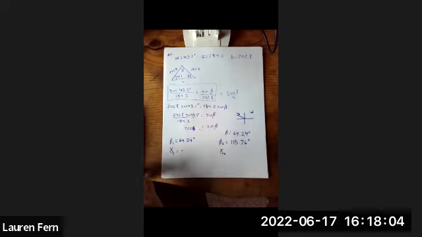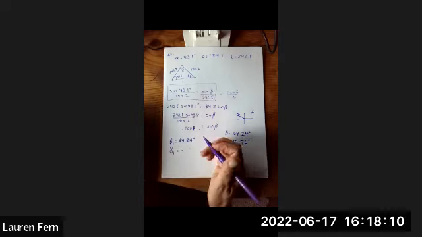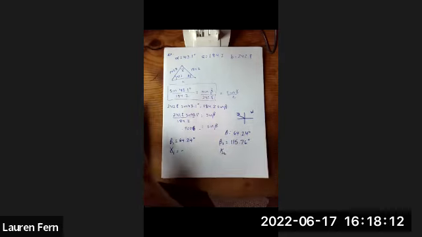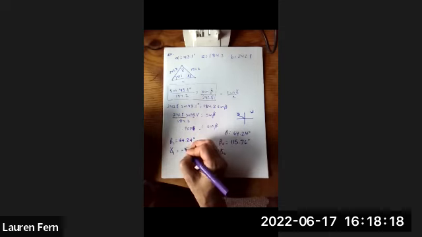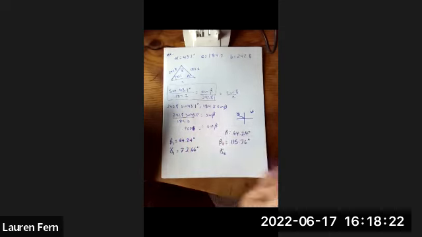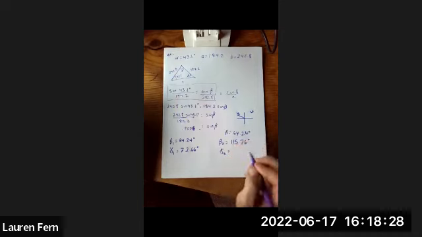Because if this is 64.24 and I add that to my 43.1, I've accounted for 107.34 degrees. Well, take 180 minus that, and I claim that this angle gamma is going to be 72.66 degrees. Add these up, you'll get 180.